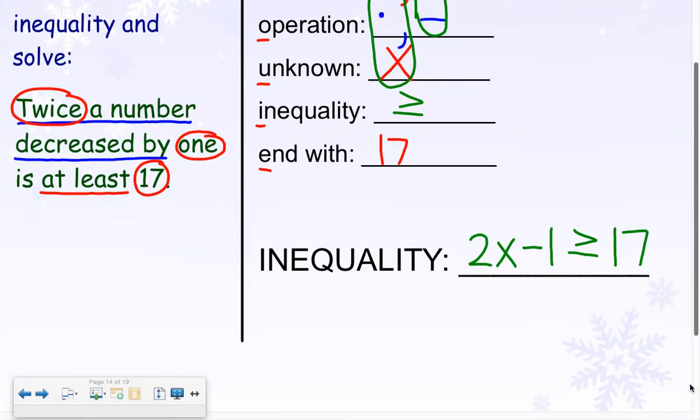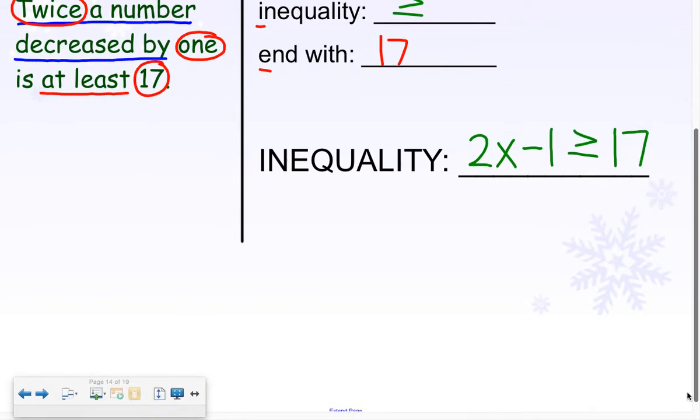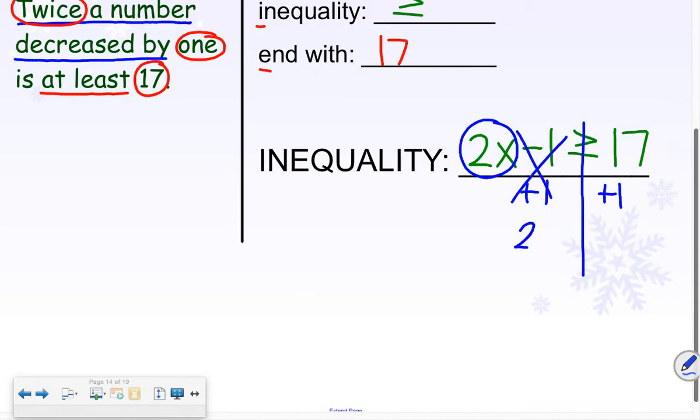So now if I go ahead and solve that, I've got train tracks. The x is what I need to get alone, so I'll add 1 on both sides. Then I've got 2x is greater than or equal to 18. Divide both sides by 2.